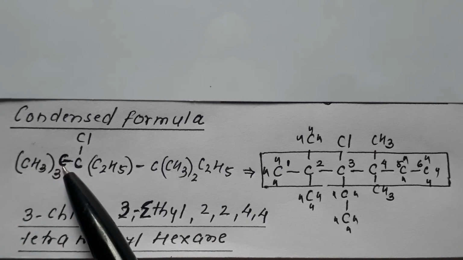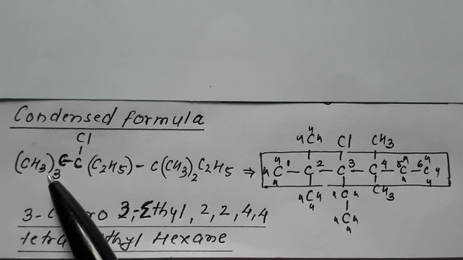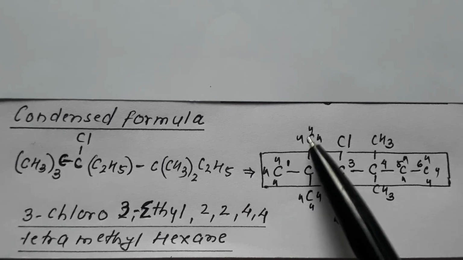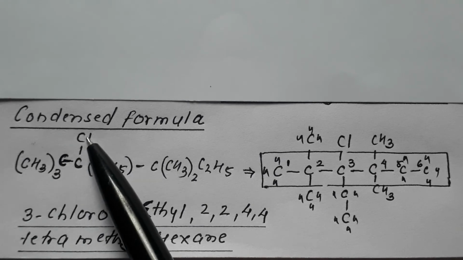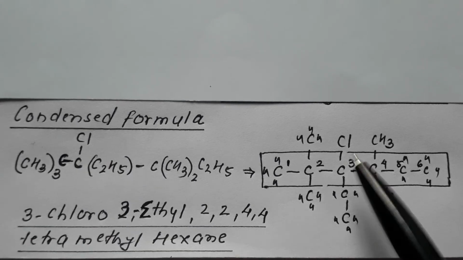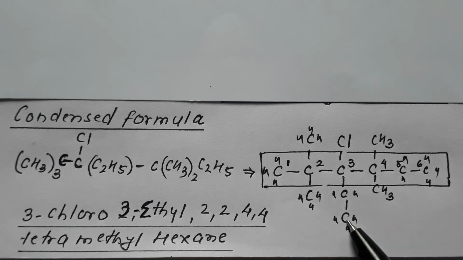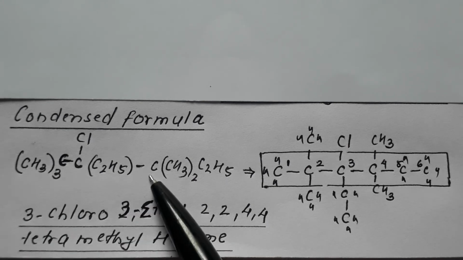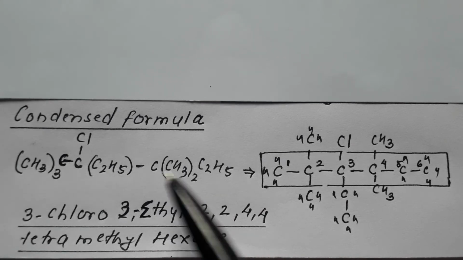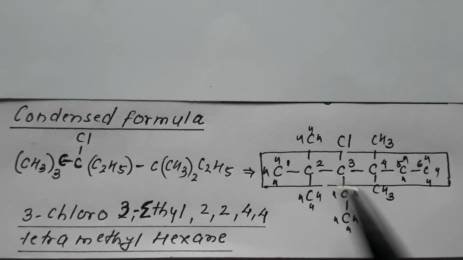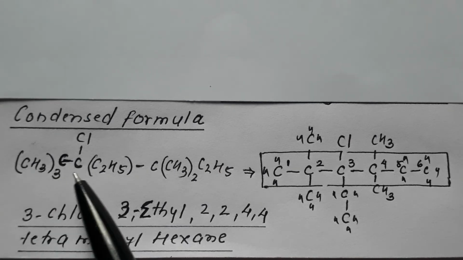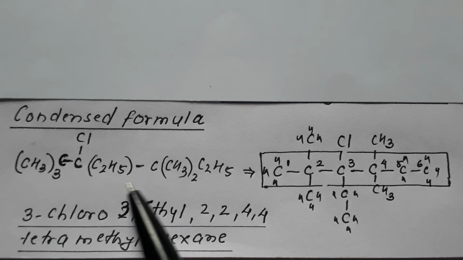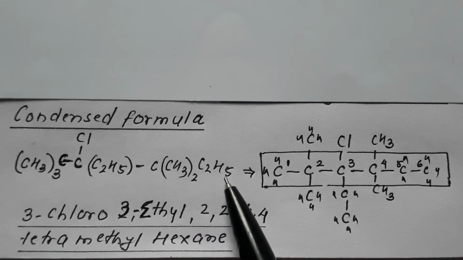The next carbon has chloro attached and ethyl attached. To the next carbon there are 2 methyl attached, one on the top, other at the bottom, and then there is ethyl.